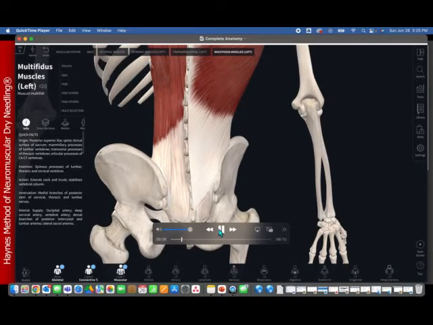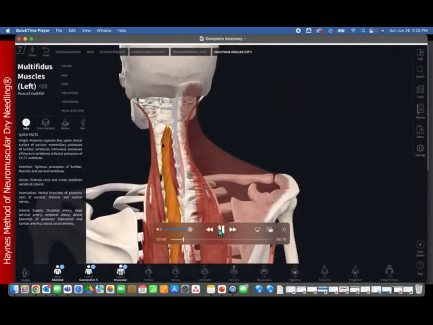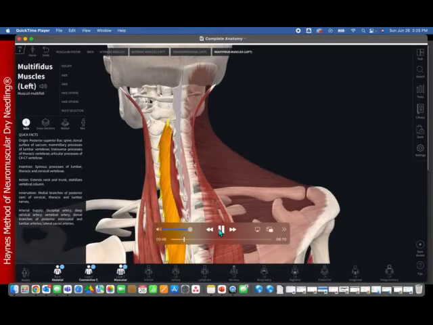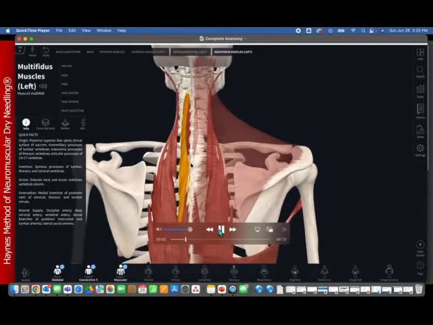Inserts into the spinous processes of the lumbar, thoracic, and cervical vertebrae all the way up to C2. Again, as we talked before, it does not continue on to C1. And again, it is the prime stabilizer in the spine, cervical, thoracic, and lumbar.